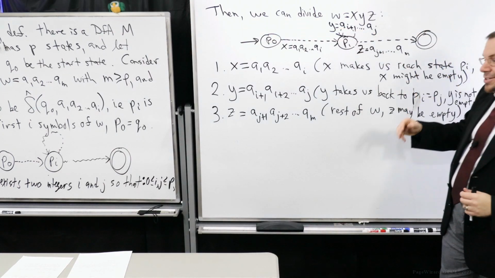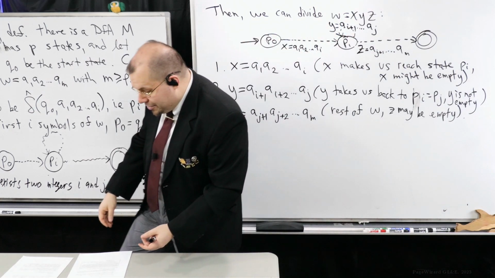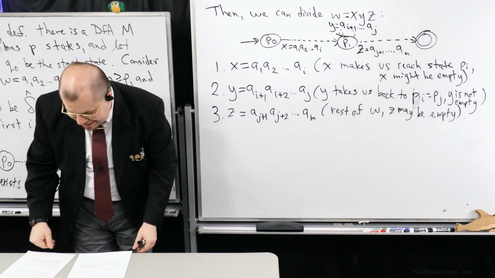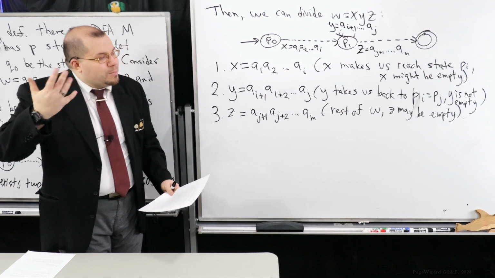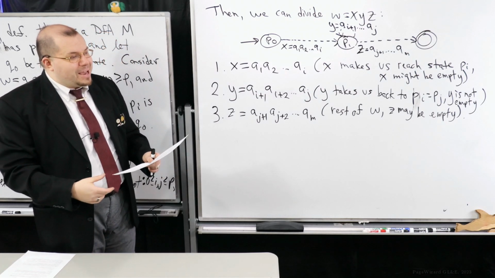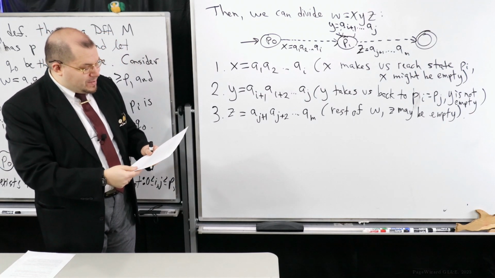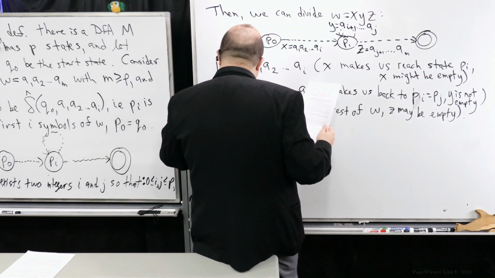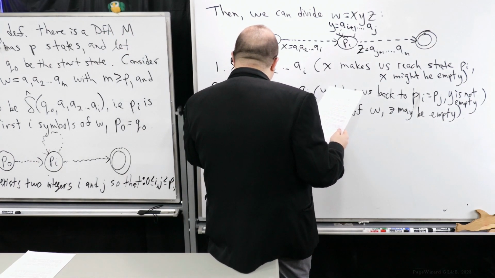The third condition, which I would argue is the most interesting part, is the one that allows us to discover more strings that are accepted by the language by pumping y. So this is the last part of the proof.